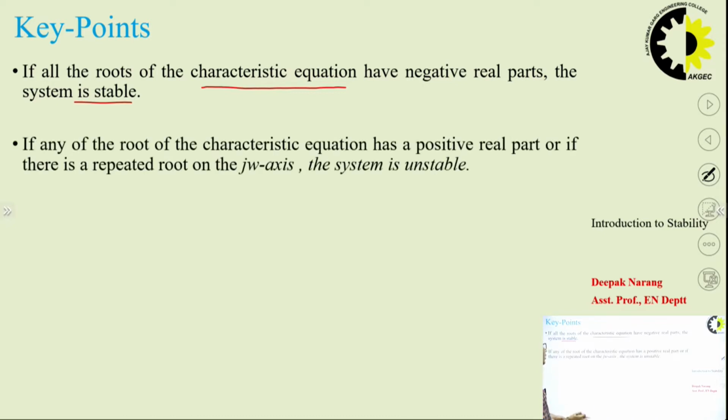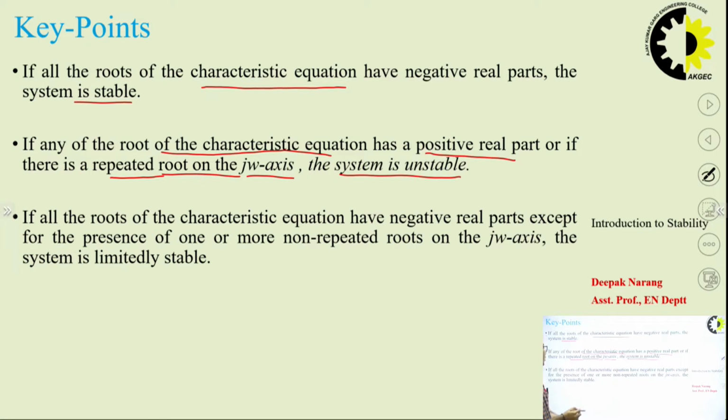Second, if any root of the characteristic equation has positive real part, or we can say the system has positive poles or poles lying on the right hand side of the S plane, or there are repeated roots on the j omega axis, the system is said to be unstable.